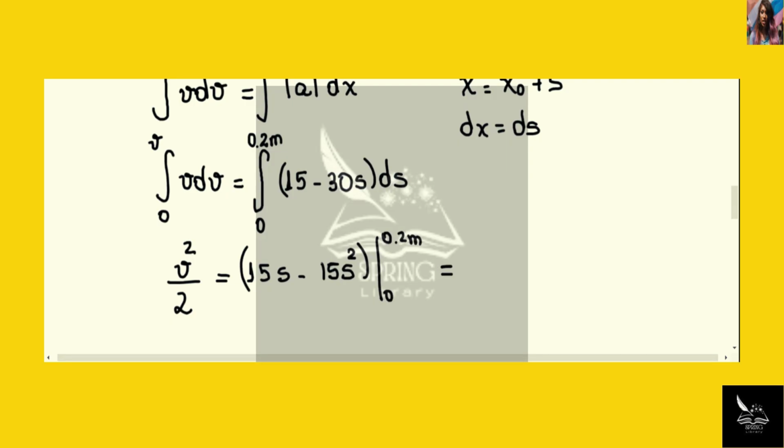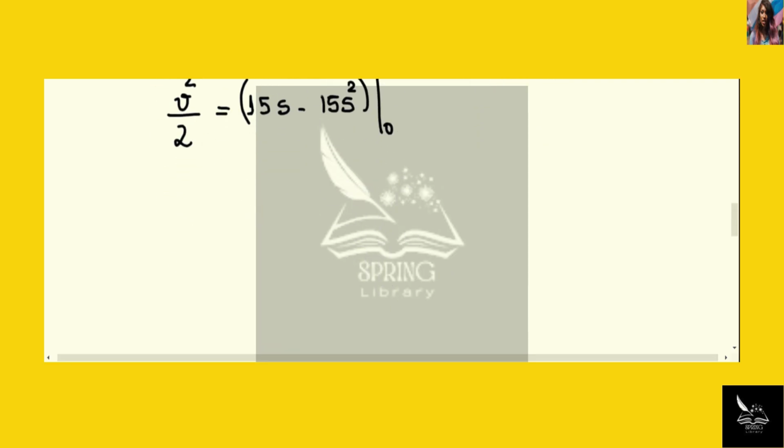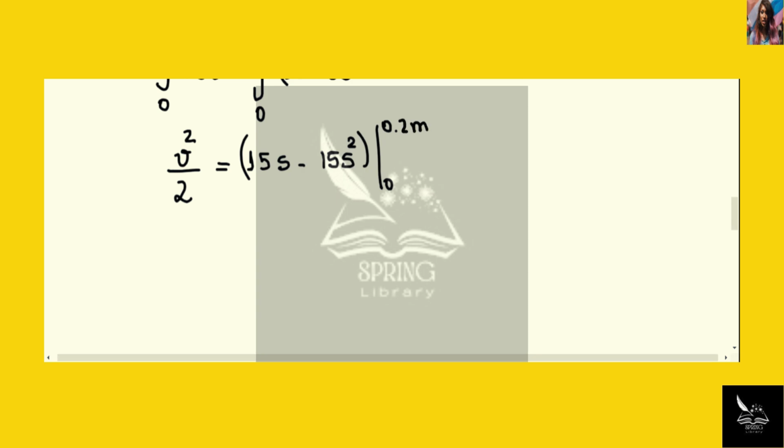So v is equal to the square root of 2 times 15 times s, which is 0.2, minus 15 times s squared, which is 0.2 squared.